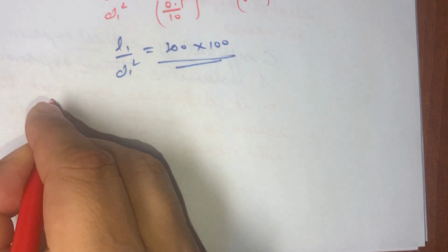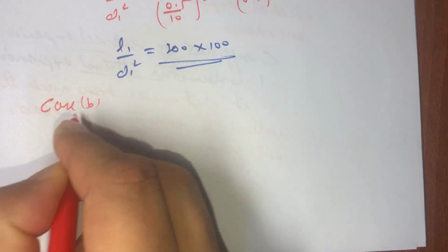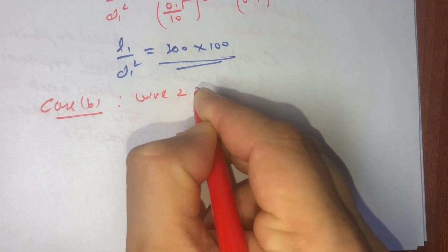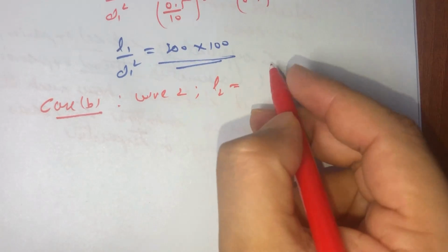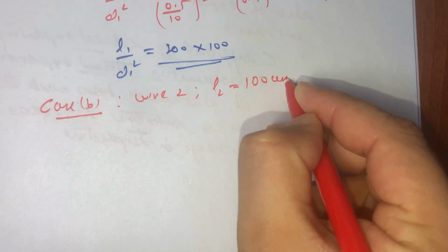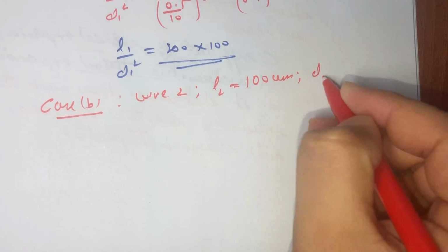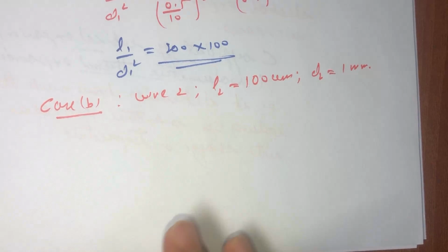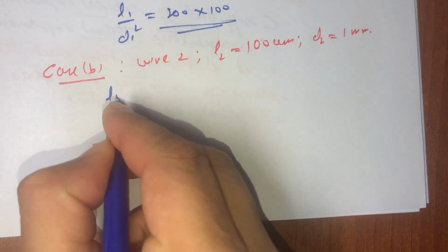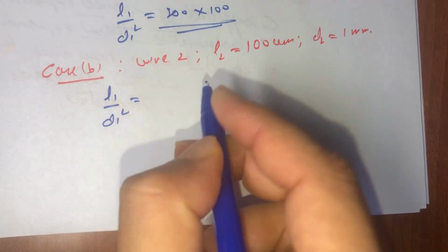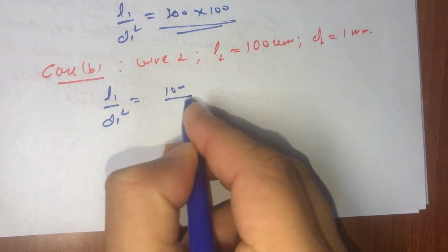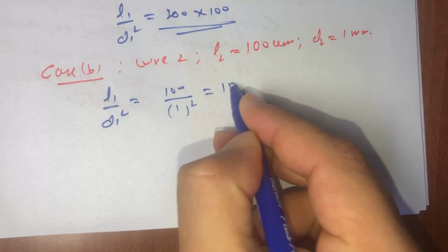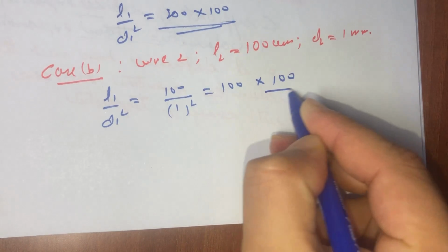Now we come to case B, rather, wire 2. We have L2 as 100 centimeter and we have D2 as 1 millimeter. So the ratio L2 upon D2 square is equal to 100 divided by 1 square, and this will be equal to 100 and the factor of 100.